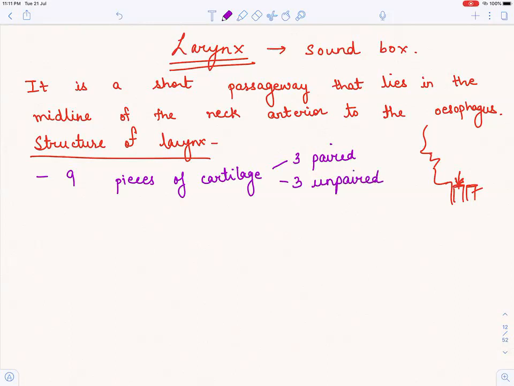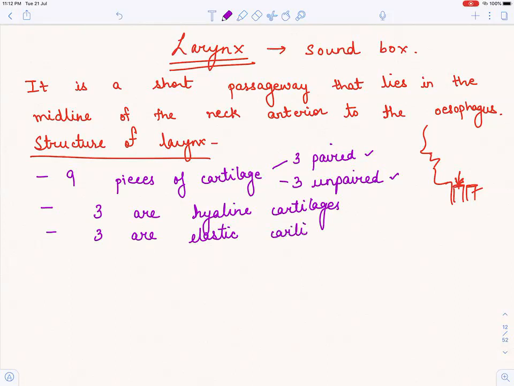I will tell you this with a diagram, so you don't need to mug up which ones are paired and which are unpaired. With the diagram, there will be a framework in your mind and you can easily remember. What you need to remember is that 3 are hyaline cartilages and 3 are elastic cartilages.